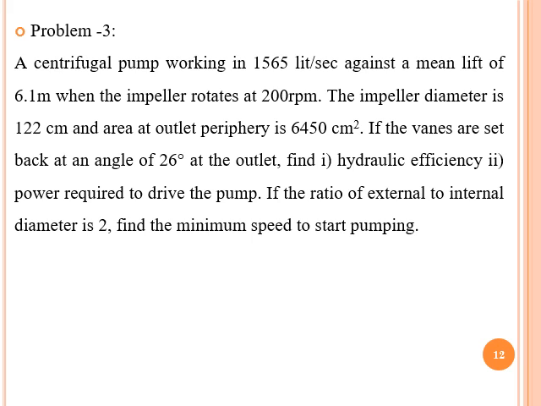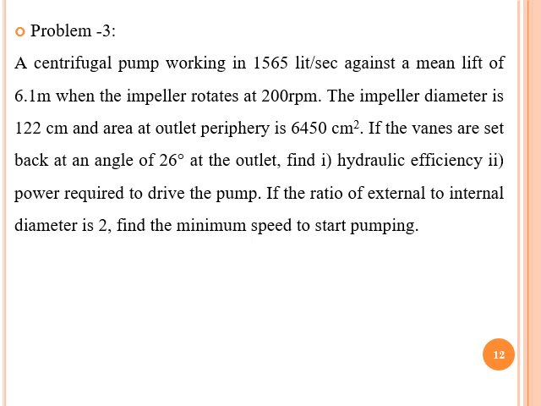The impeller diameter is 122 centimeter and the outlet area, the periphery outlet area, is given as 6450 centimeter square. If the vanes are set back at an angle of 26 degree at the outlet, that is, beta 2 is equal to 26 degree. Now calculate the hydraulic efficiency and the power required to drive the pump.